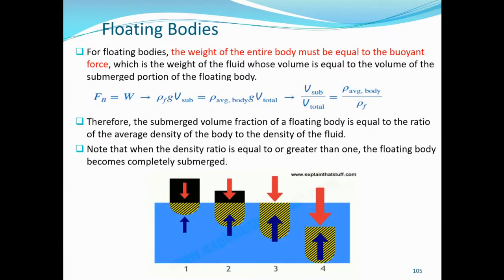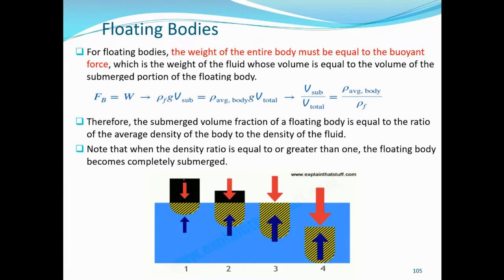Now, let's say something on floating bodies. This applies to anything floating on water, let's say ships, boats, and all that. The weight of the entire body must be equal to the buoyant force when an object is floating.